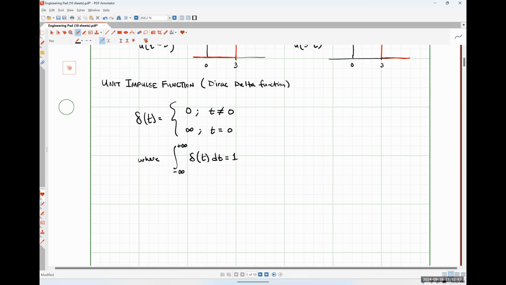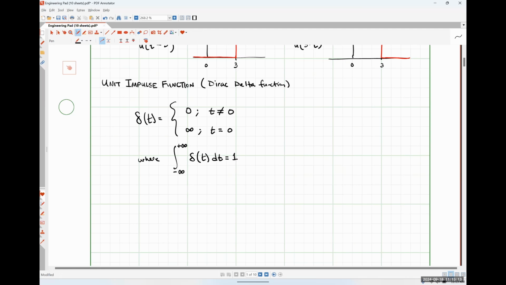So it is an impulse of an infinite height and an infinitesimal width whose total area under the curve is equal to 1. So it's the unit impulse function because its area is equal to 1.